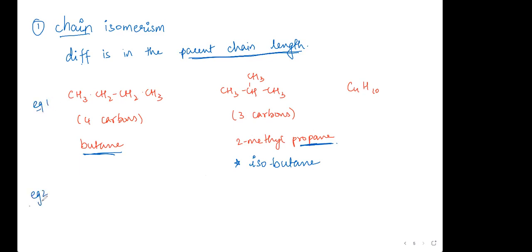Another example is, look at pentane, all the isomers you can form with C5H12. So the first isomer is pretty obvious. Draw the straight chain. 5 carbons, lay them out side by side in a straight chain.